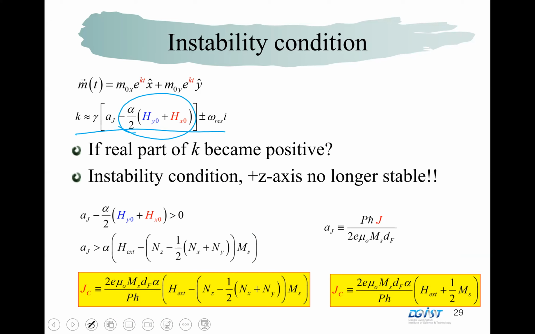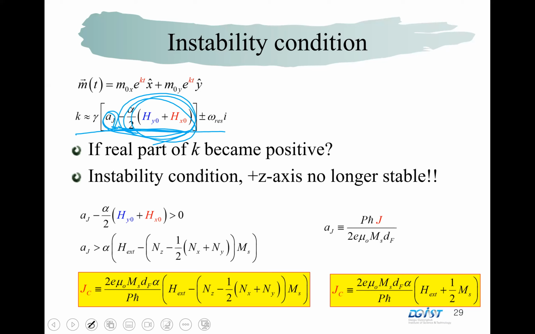It's damping. And spin transfer torque acts as an anti-damping. It's the reverse of the damping. So you can see here, if we have a large AJ, then damping will be suppressed, because this is the related damping. So this acts in the opposite way.